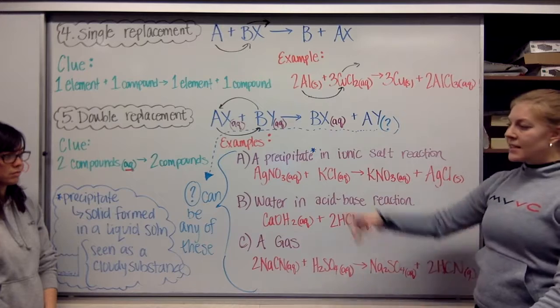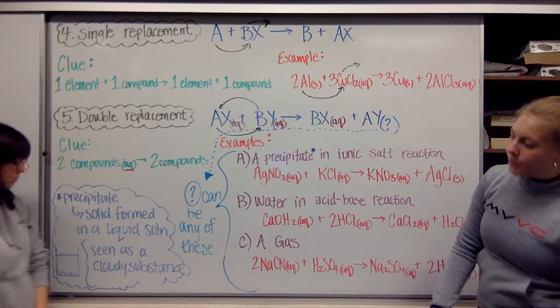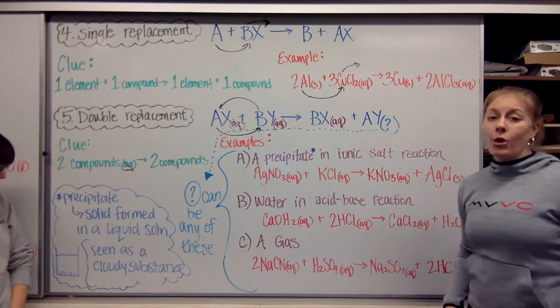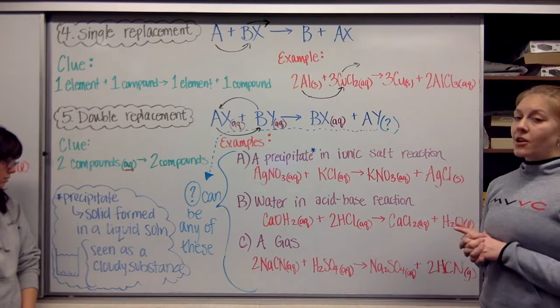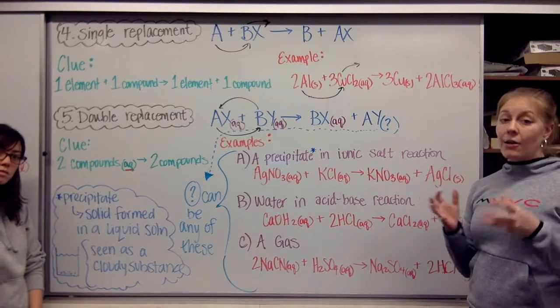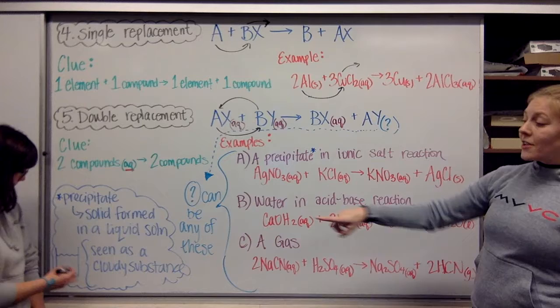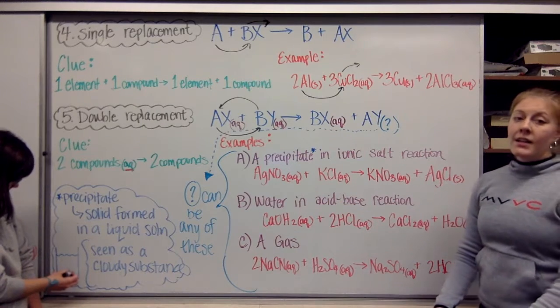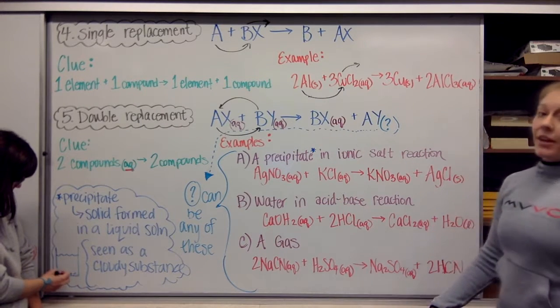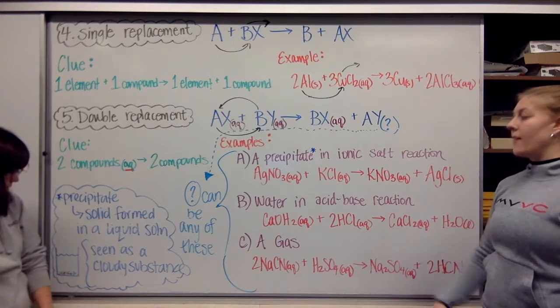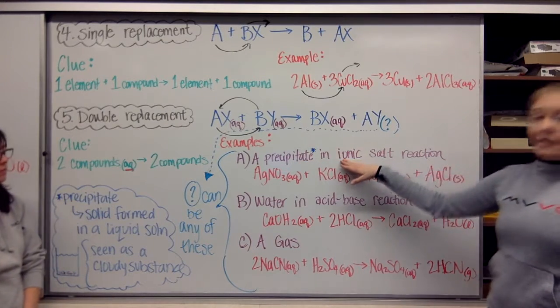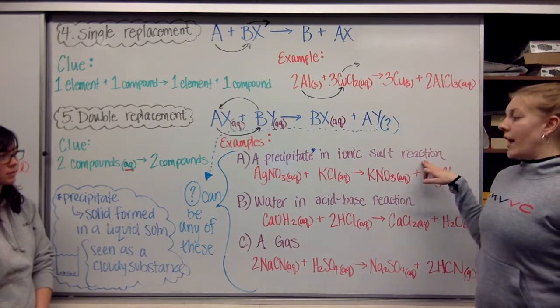Now, what is a precipitate? If we look over there to our little bubble, a precipitate is a solid that's formed in a liquid solution. All right, so sometimes this will look like a cloudy substance. Sometimes you'll actually be able to see in the bottom of a beaker little solid particles that are collecting in the liquid. Okay, so we're forming a precipitate, a solid, in an ionic salt reaction.